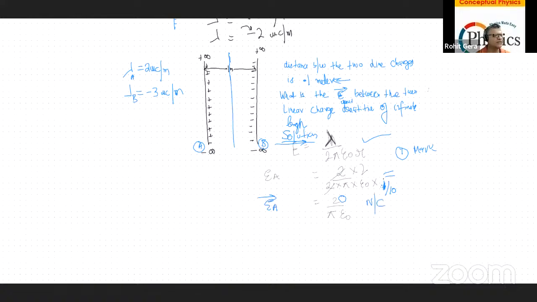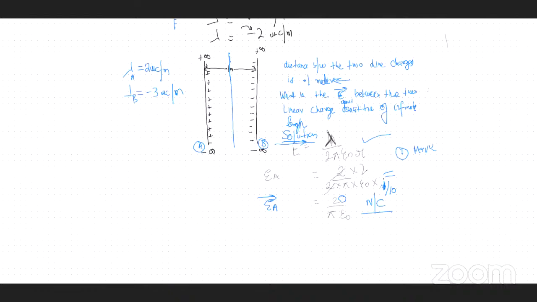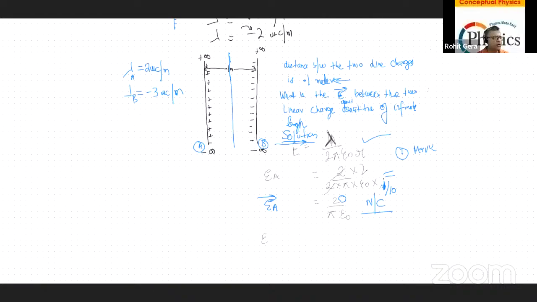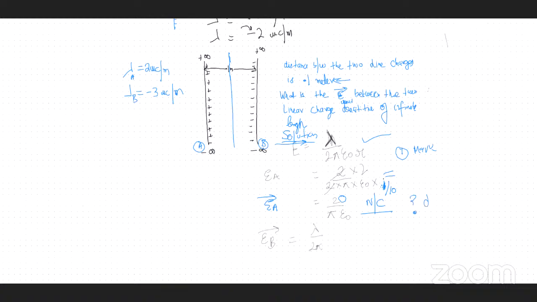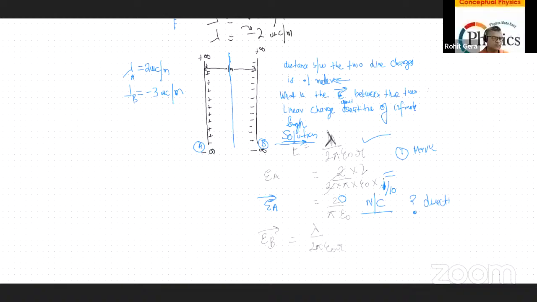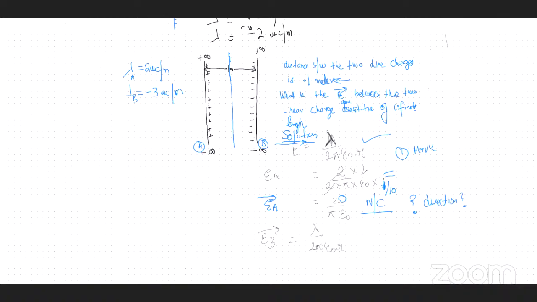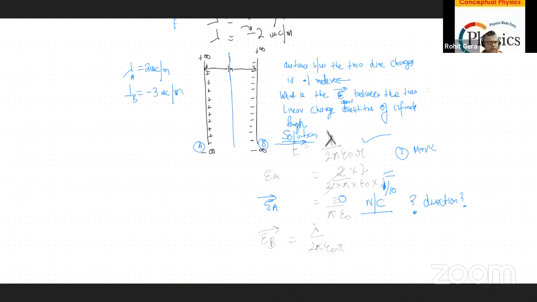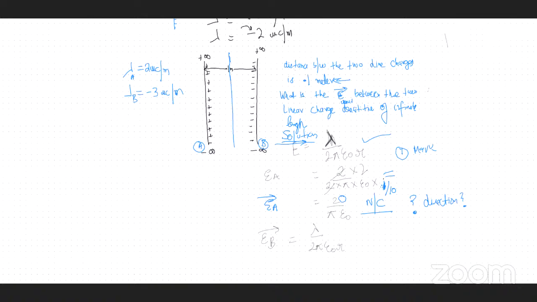What is the direction of this vector? What is the direction of the vector EA?